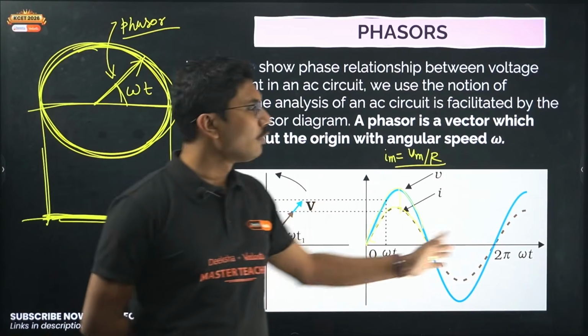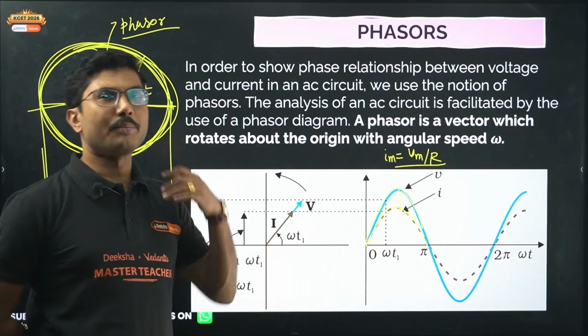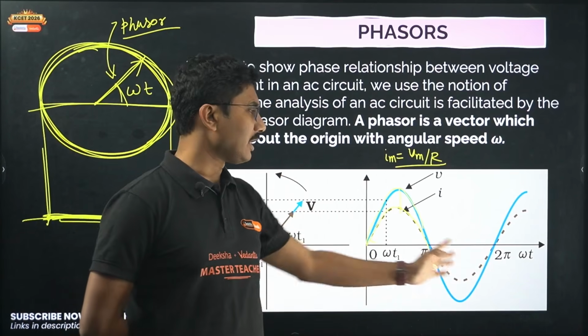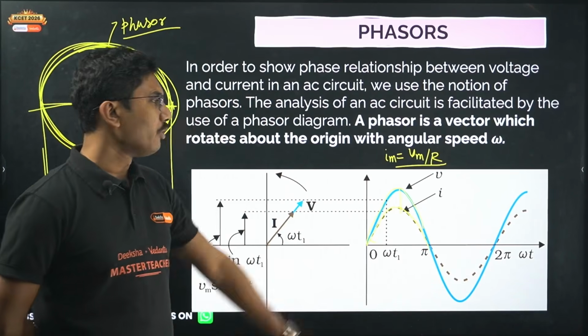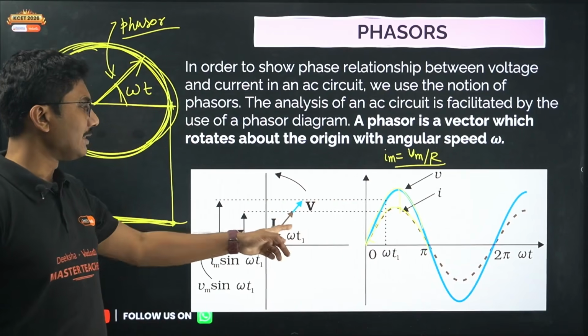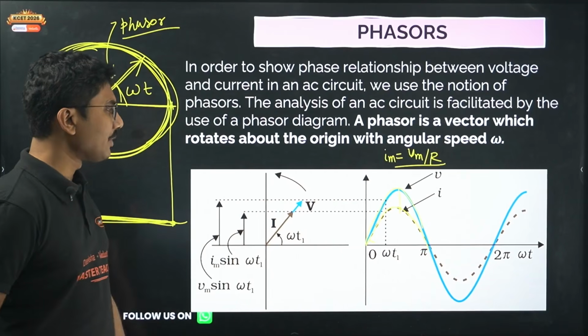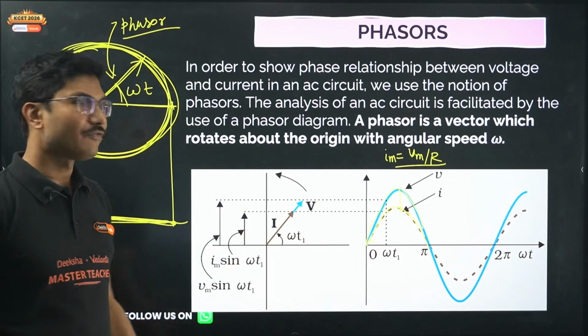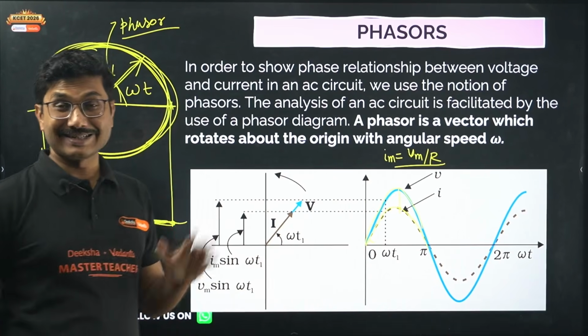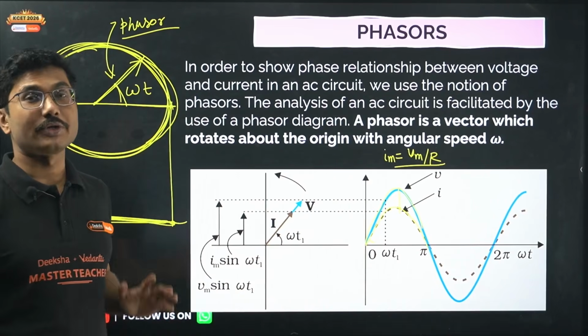Now this graph goes till infinity. Time can go up to infinity, right? So it is impossible for us to draw this kind of graph. So what we do is take the projection of this motion into a circular motion like this, and we represent them using these vectors, and that is called phasors. A phasor is a vector which actually presents the current situation of the current and voltage.